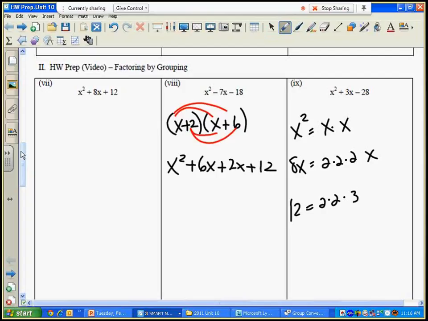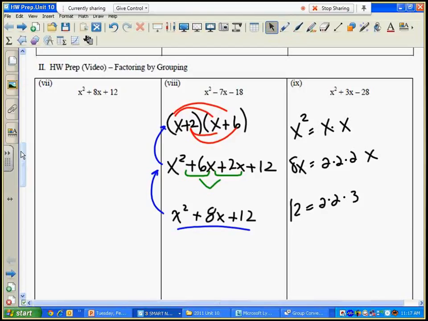Then we talked about on Day 1 that these guys are like terms, so we can combine those 2 guys together. And we end up with x squared plus 8x plus 12. Well, lo and behold, there is the expression that we want. The question is, how do we get to go back the other way? How do we get from here up to the top? And that's what I want to show you today.